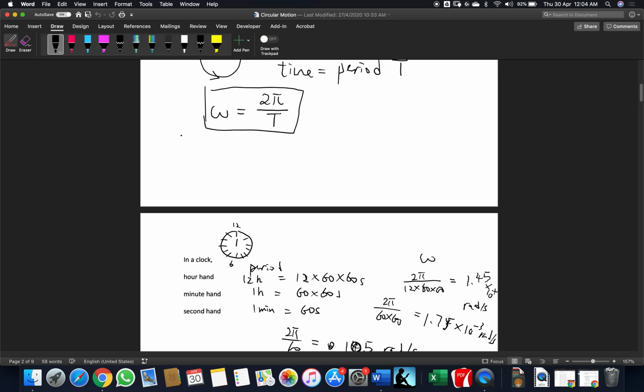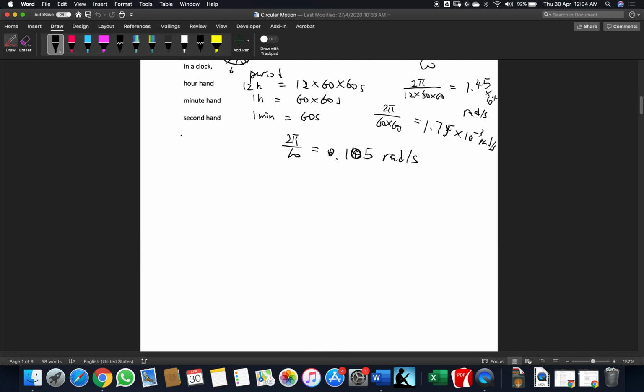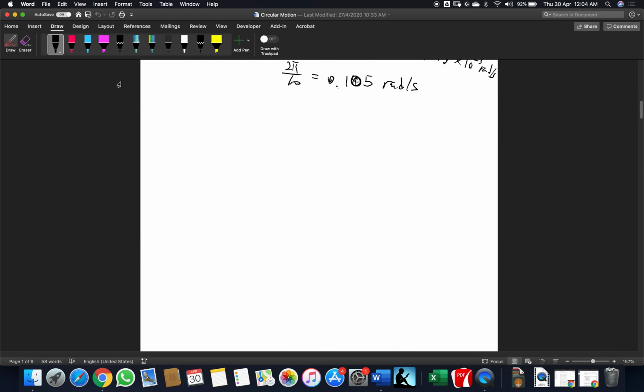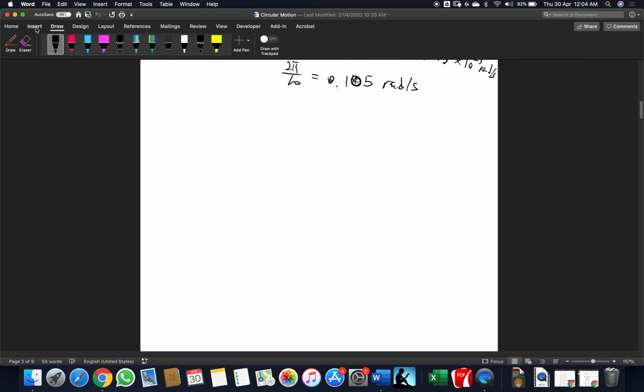Last time we talked about the definition of angular velocity, and now let's look at how it is related to the speed of an object in circular motion. Normally we know that if an object is moving faster in a circle, it should have a faster speed.